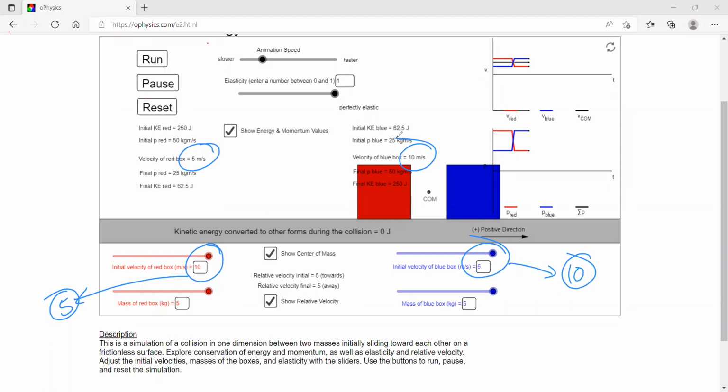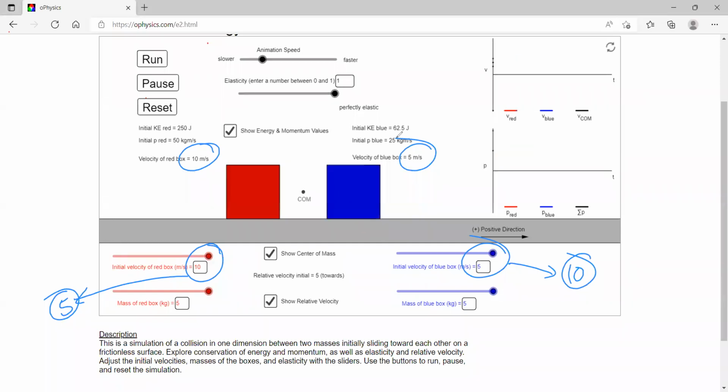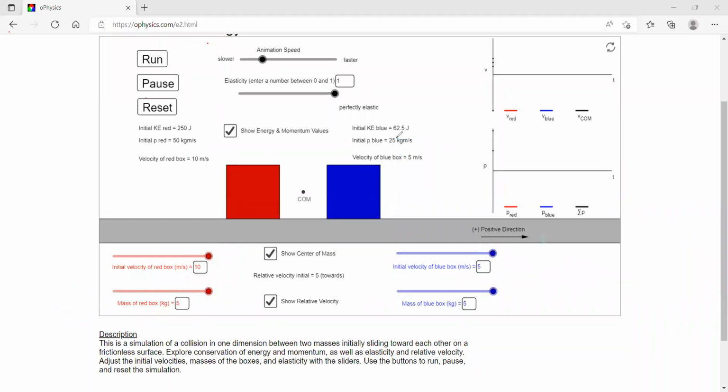Another thing I want to show is what happens if one box is at rest. Let's say the blue box is at rest, so that means the velocity of blue is 0.